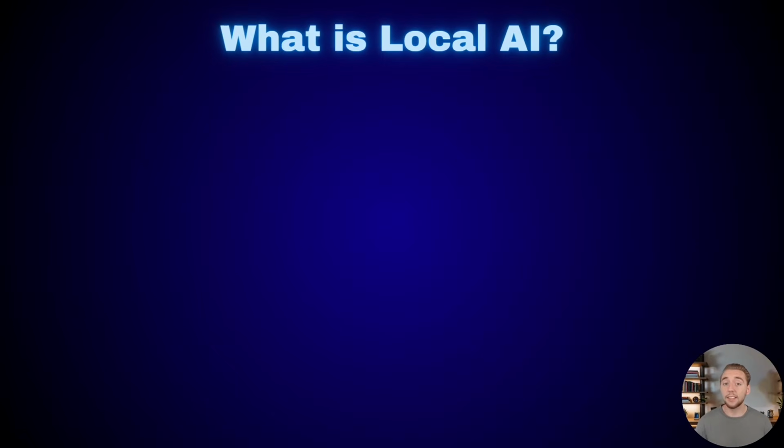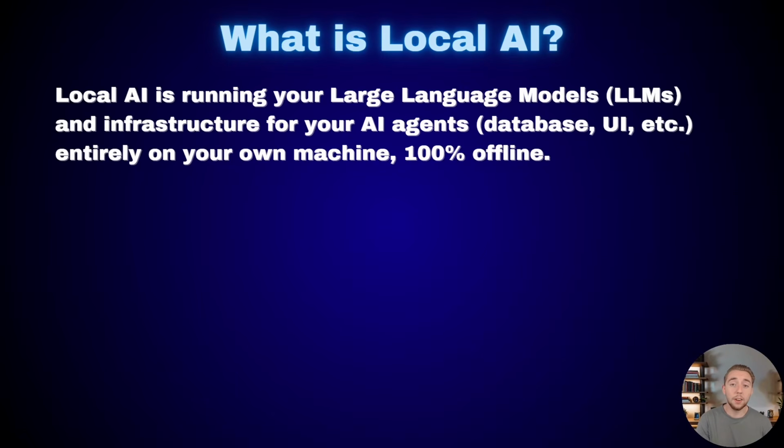Let's start by laying the foundation. What is local AI in the first place? Very simply put, local AI is running your own large language models and infrastructure, like your database and your UI, entirely on your own machine, 100% offline. When you typically want to build an AI agent, you need a large language model, maybe like GPT 4.1 or Claude 4, and then you need something like your database, like Supabase, and a way to create a user interface.